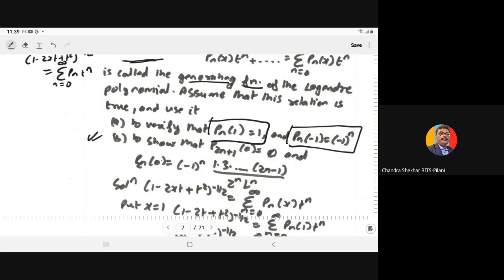Just to note down, we have P_2n plus 1 at x is equal to 0 is equal to 0 and P_2n at x is equal to 0 is minus 1 to power n into 1 into 3 into 2n minus 1 upon 2 to power n upon factorial n.